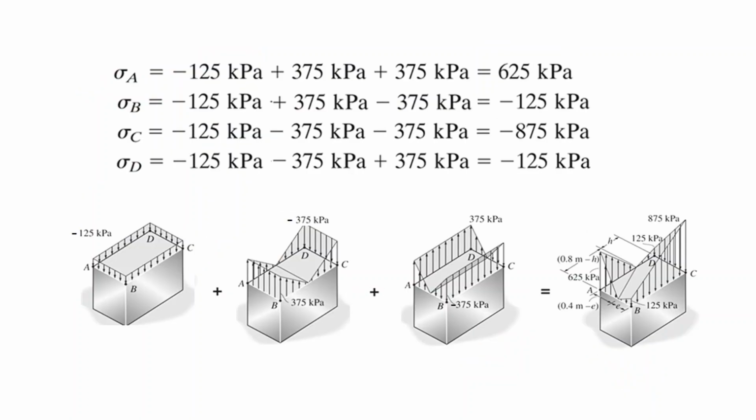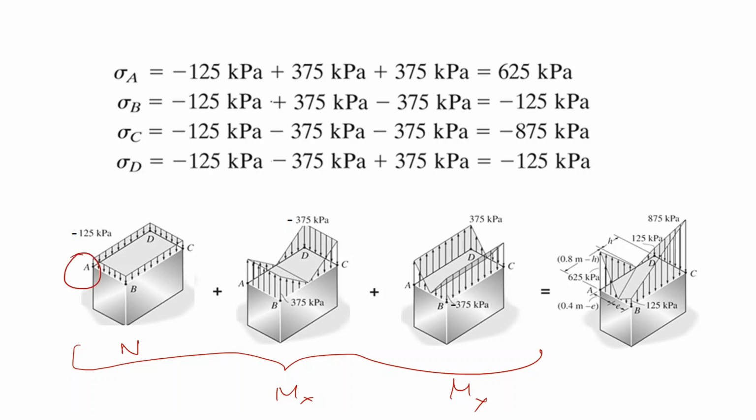What we have to do is make a superposition. Well, this is due to N, that is due to Mx, that one is due to My, or the other way around. So take the point A, minus 125, plus 375, plus 375, that gives you 625.